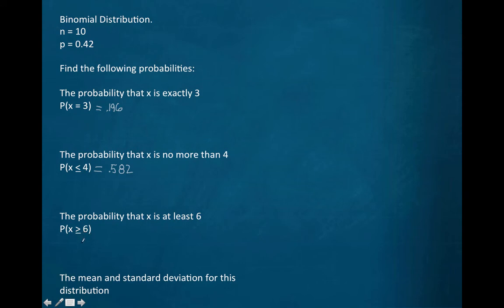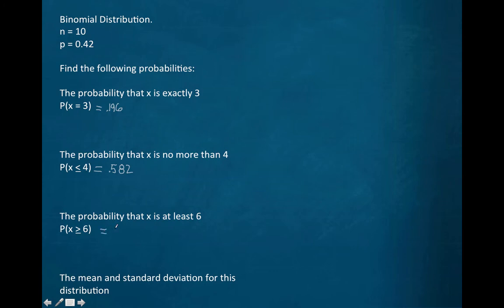Well, remember that the Binomial Cdf function does not find accumulated values in that way. It finds accumulated values from 0 up to a number. So what we need to do is subtract the probability that x is less than or equal to 5 from 1, because total probability for any distribution is always equal to 1.